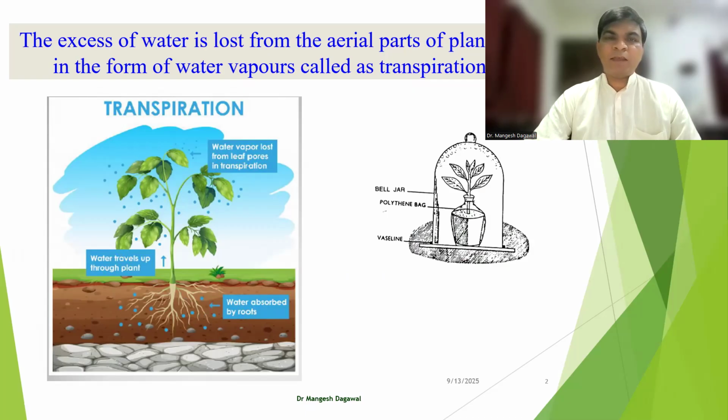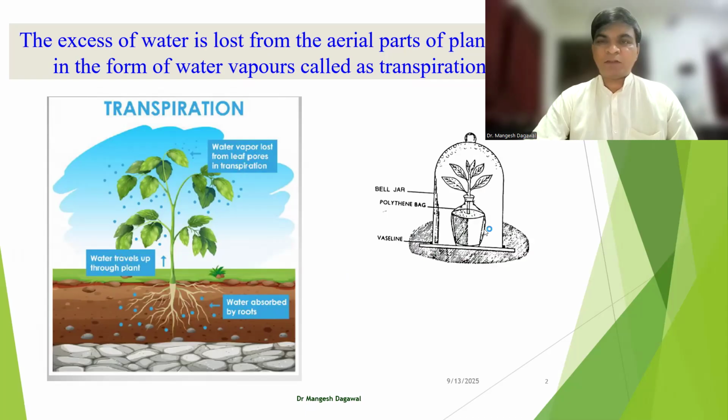From this leaf, the excess water is lost in the form of water vapors through the smaller openings, the stomata. So that process is known as transpiration.